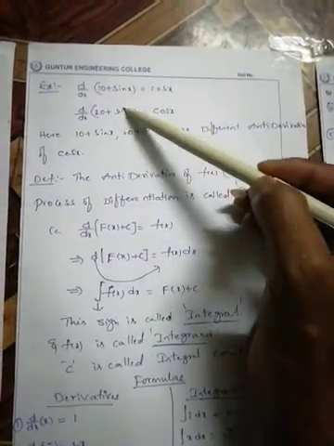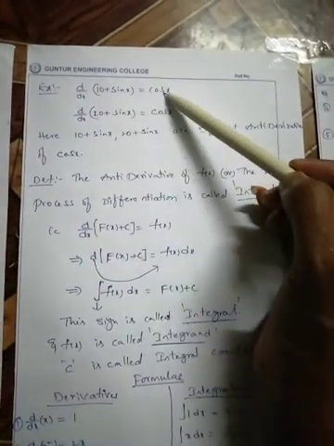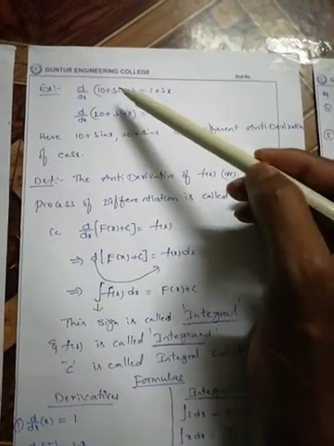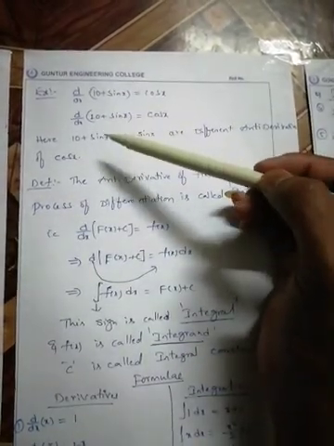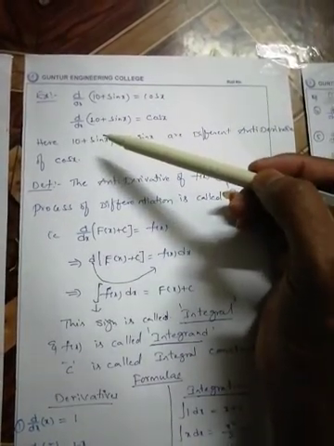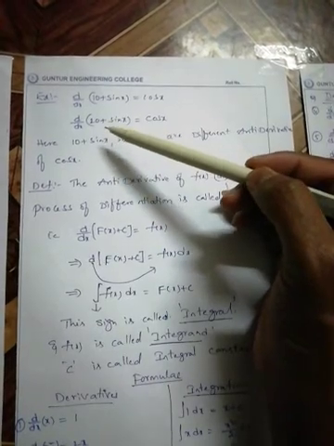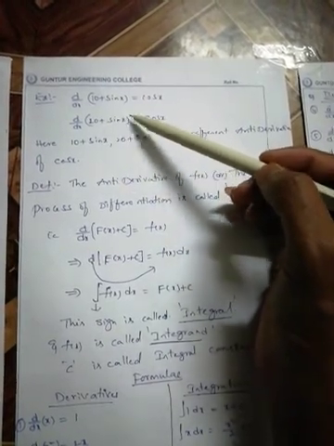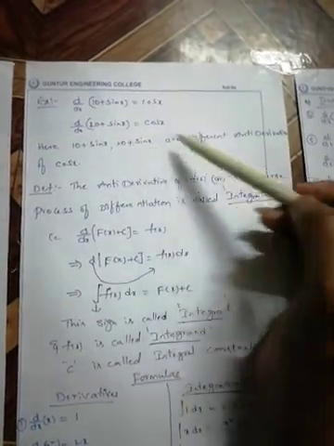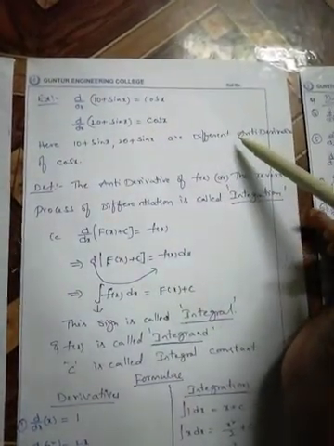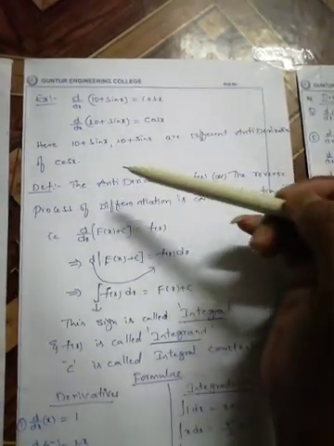Here there are two antiderivatives. The derivative is the same, but the antiderivatives are different. Therefore, the noteworthy point is that the antiderivatives of f of x are not unique. Here 10 plus sin x and 20 plus sin x are different antiderivatives of cos x.